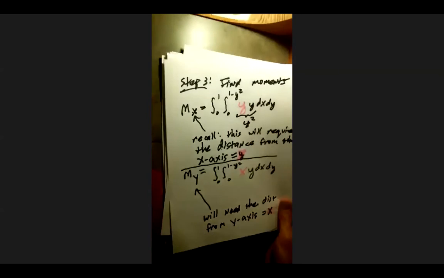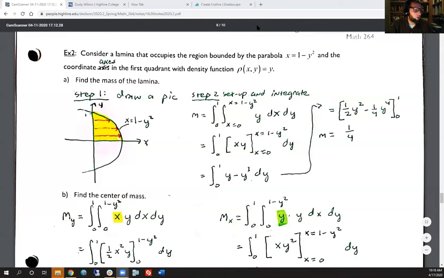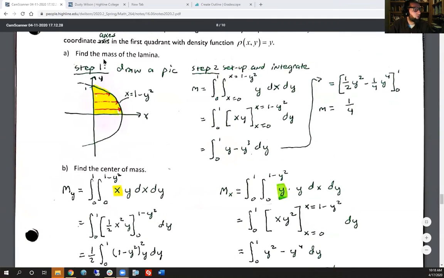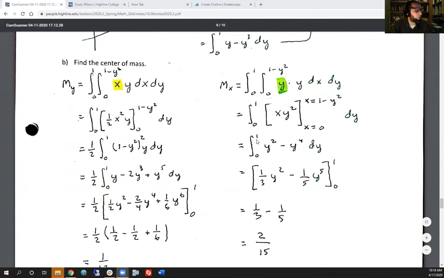Okay. So we have set up these two double integrals, and at this stage, we just need to evaluate them. Let me switch over and look at that on the shared screen rather than running through a whole bunch of double integrals. So we found the mass of the lamina as 1/4. Next, we need to find the center of mass, and for that we need both of the moments.